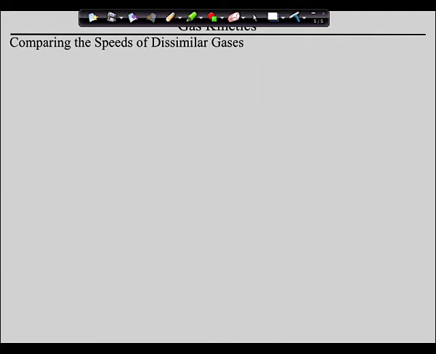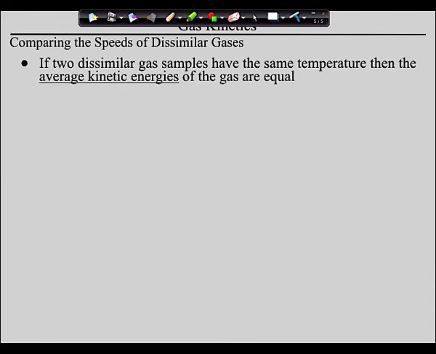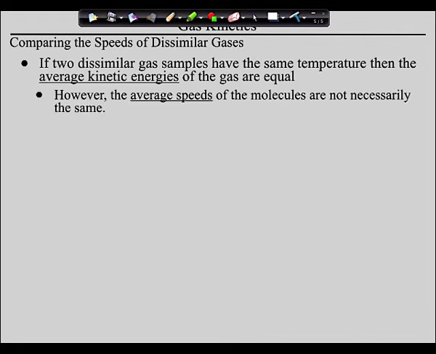If you have two dissimilar gases, like for example, we talked about oxygen and hydrogen, and they have the same temperature, then we know this. Their average kinetic energies are equal. However, their speeds are not equal. And again, you know the answer to why this is true. Kinetic energy contains a mass factor.